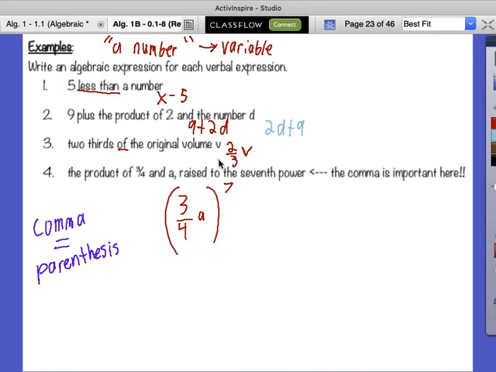Do this multiplication first, then raise it to the 7th power, okay? If we don't have these parentheses here, what ends up happening is you take A to the 7th power and then you multiply it with 3/4. What we want, according to this, is to multiply and then do the exponent, because of the comma. Any questions on that?